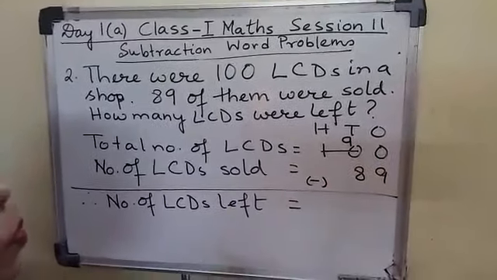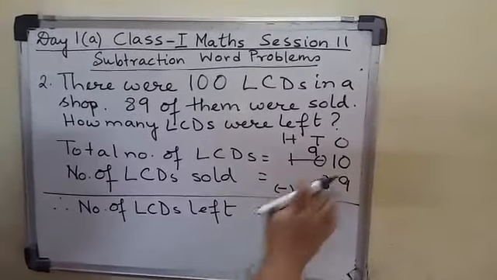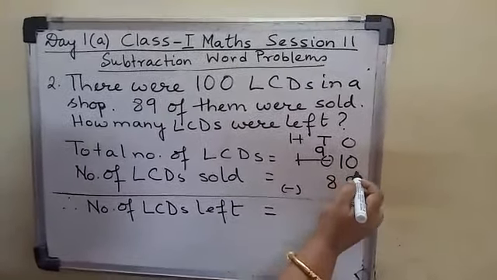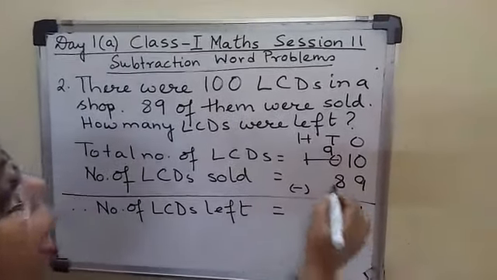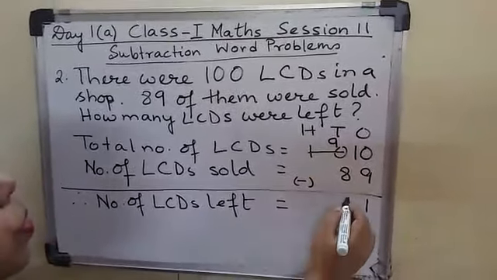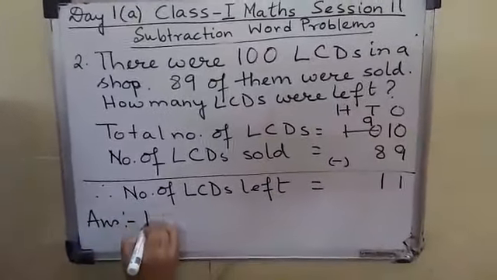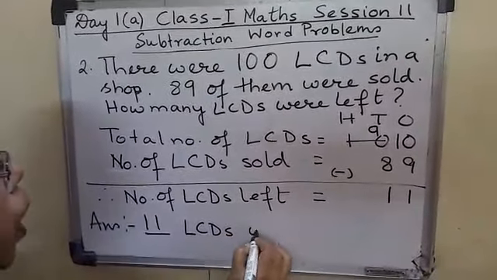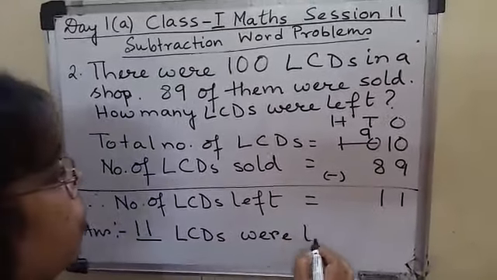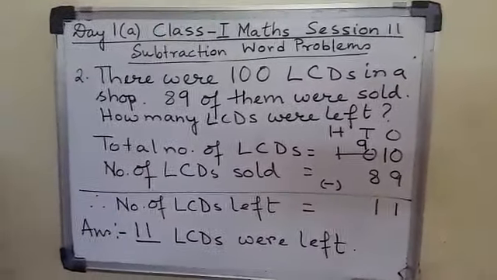So in the tens place we make it 9, and here I write down 10. So 10 minus 9 equals to 1 and 9 minus 8 equals to 1. So what will be your answer? 11 LCDs were left.